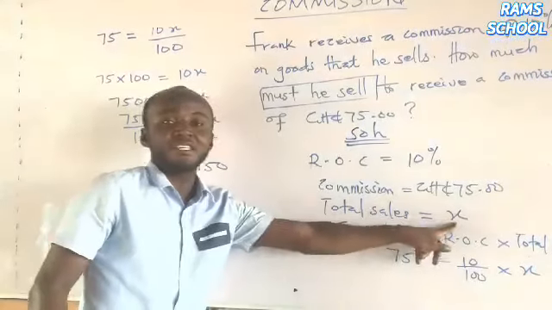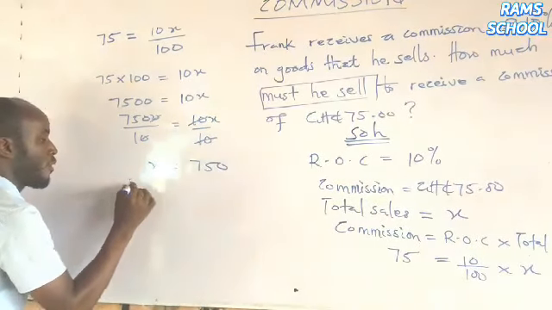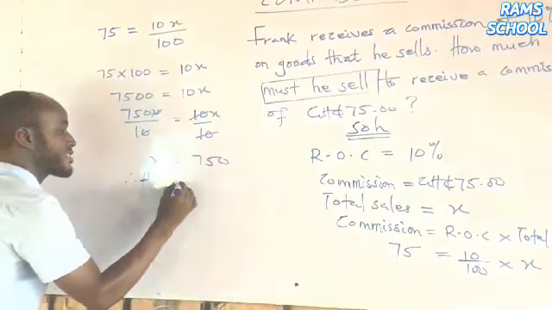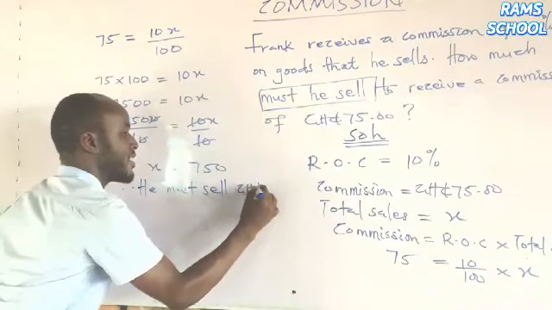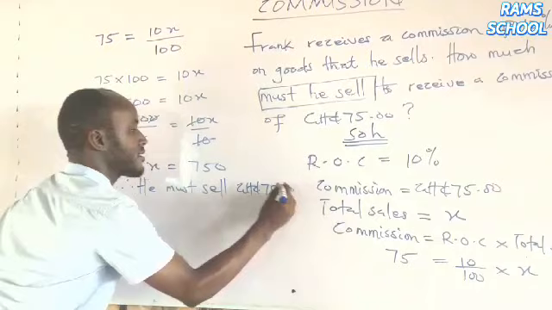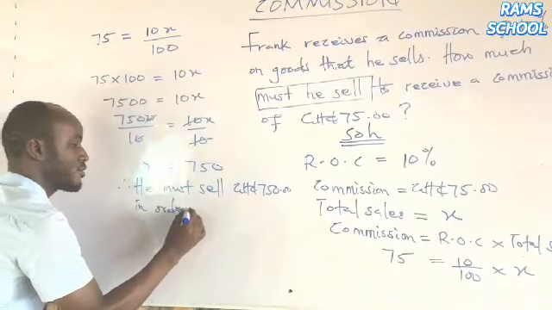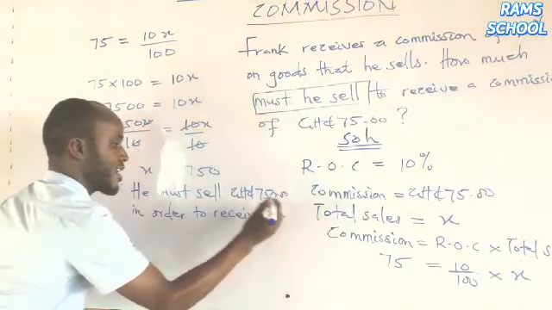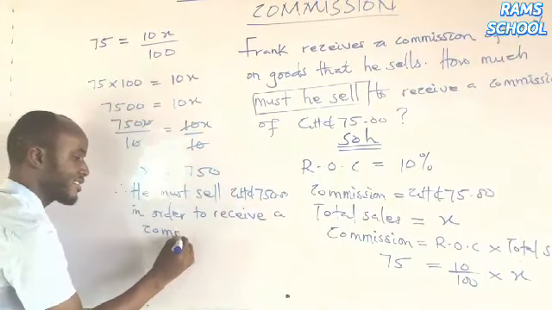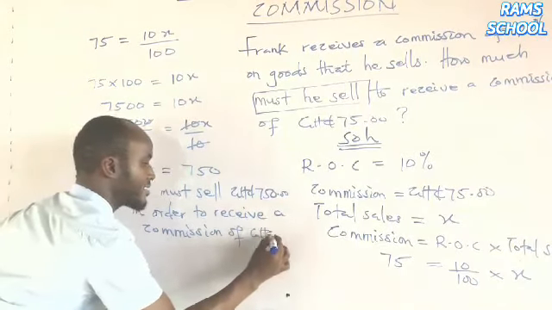That X there represents the total sales. So we can say, therefore, he must sell 750 Ghana cedis in order to receive a commission of 75 Ghana cedis.